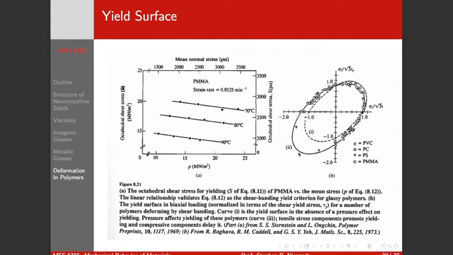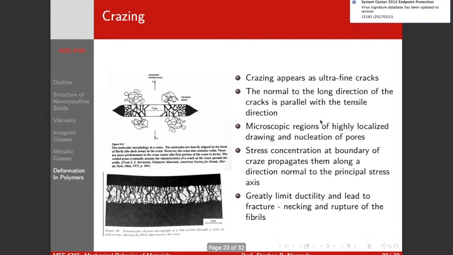So that compression, this distance here, is larger than this distance here. So you have a tension compression asymmetry. This is a demonstration of what happens when that pressure term is zero and you have equality. Okay. So that's the initiation of plasticity by shear banding.